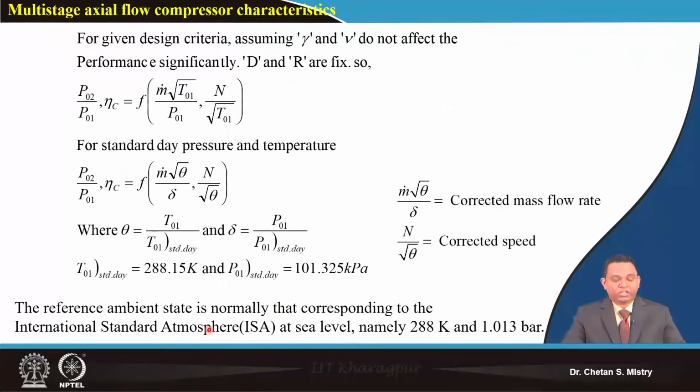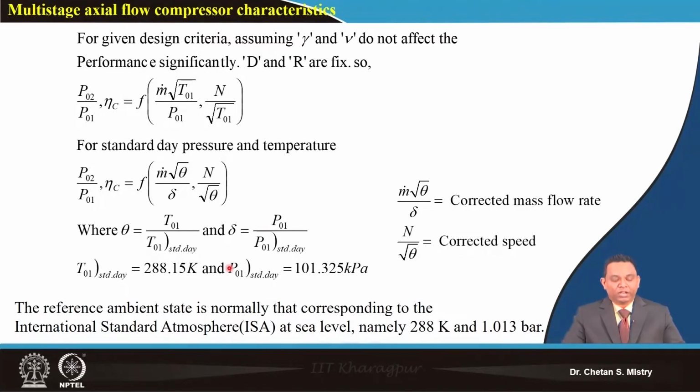Here the temperature and pressure have been modified based on standard conditions: T01 divided by T01 at standard day, and pressure divided by P01 at standard day. So these are replaced by theta and delta.